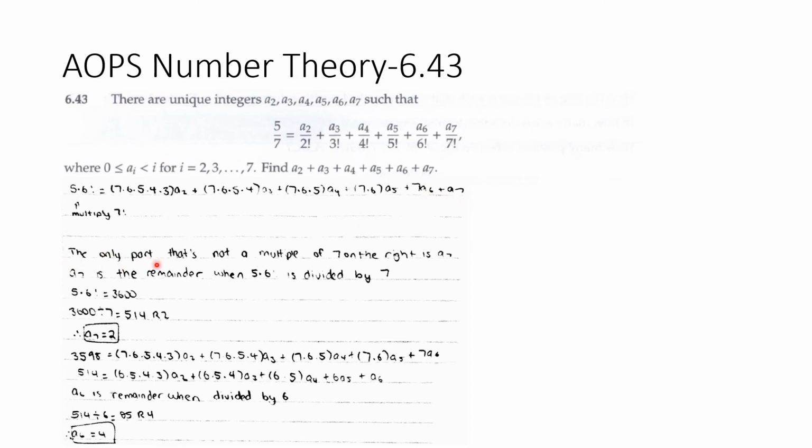So the only part that's not a multiple of 7 on the right, so by that I mean the first term, 7 times 6 times 5 times 4 times 3 a2, is a multiple of 7. It's also a multiple of 7 for this one, and this, and 7a6. But the only part that's not a multiple of 7 is a7. So a7 is the remainder when 5 times 6 factorial is divided by 7.